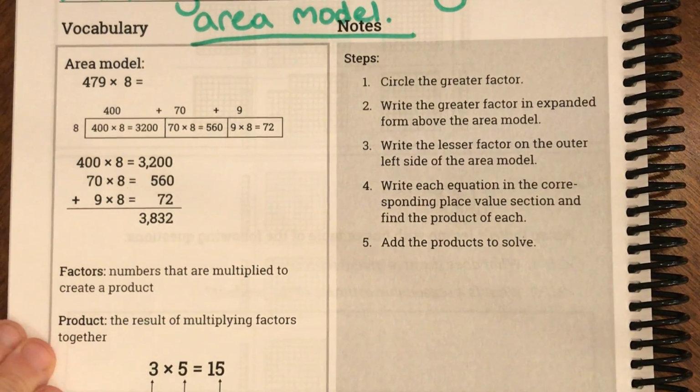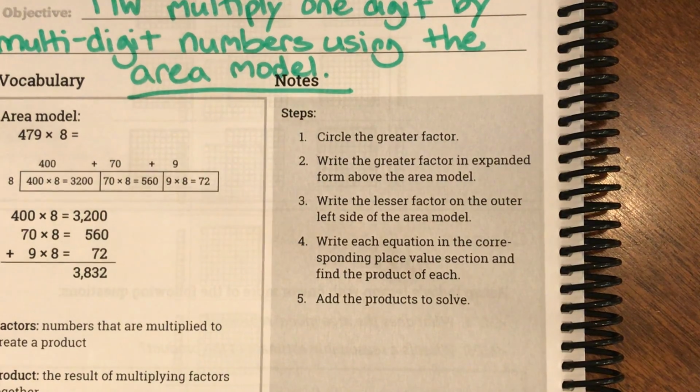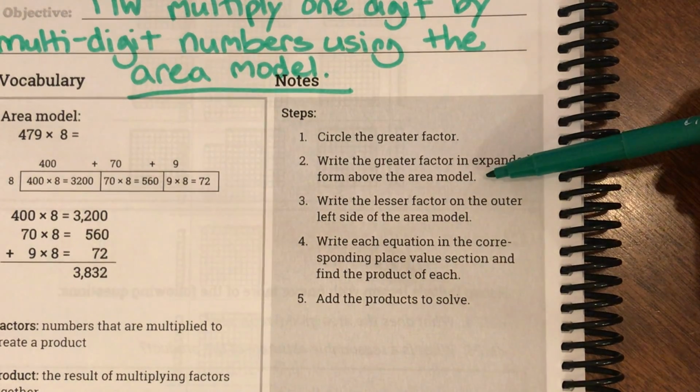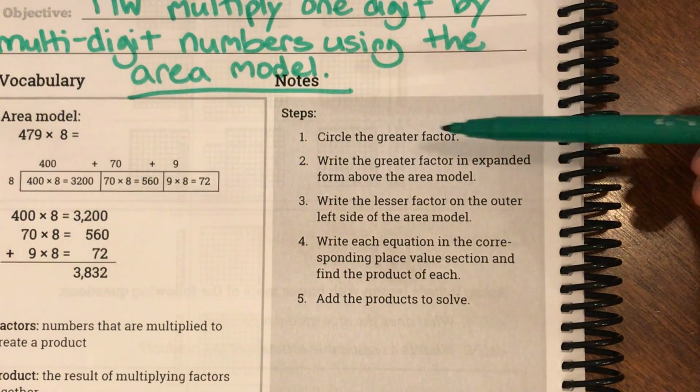Okay, our steps we're going to follow really closely for this. It says circle the greatest factor, because that's going to tell you which one's going to go on top. And then write the greatest factor in expanded form above the area model, so on the top.